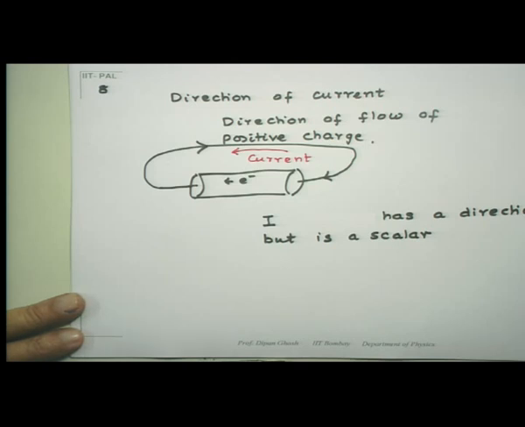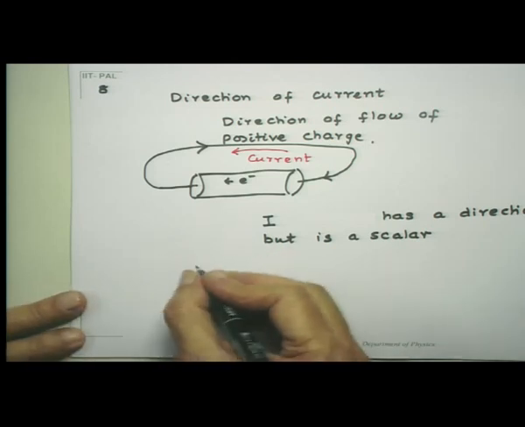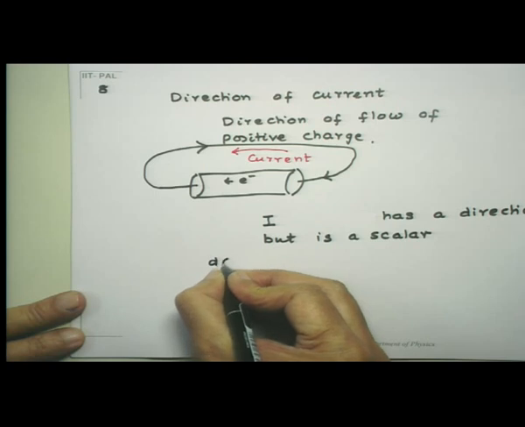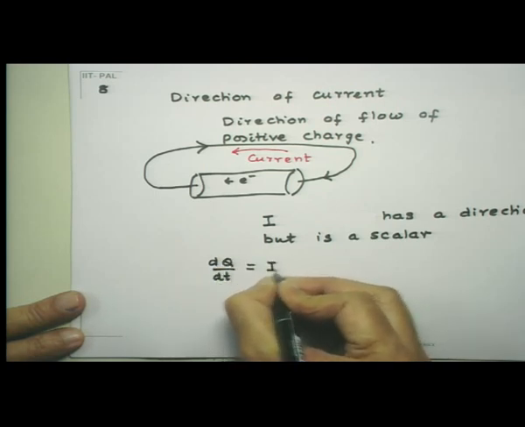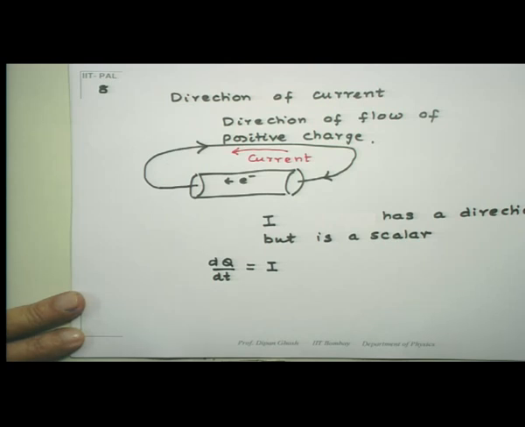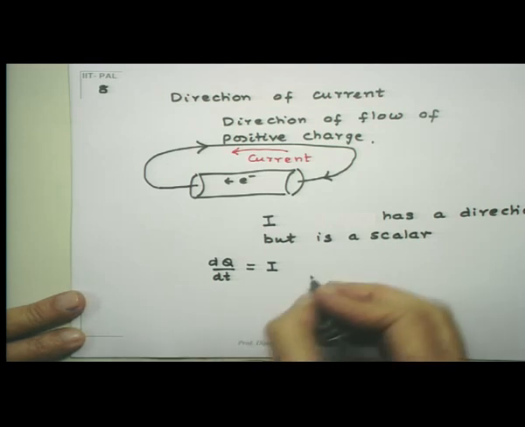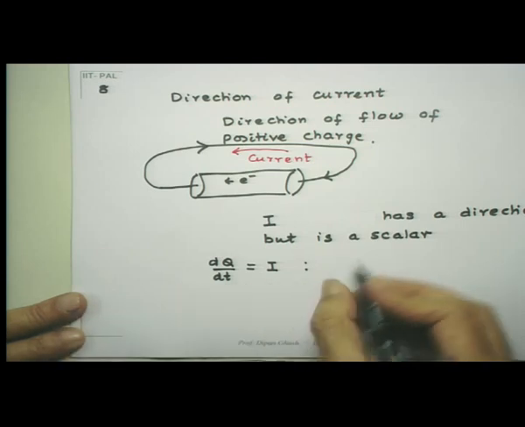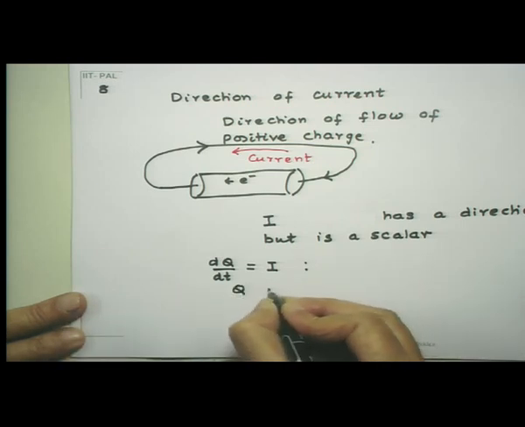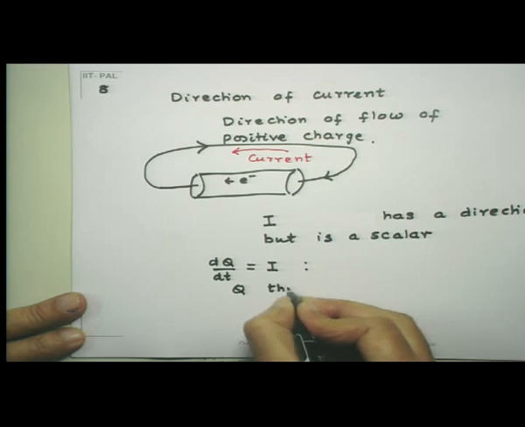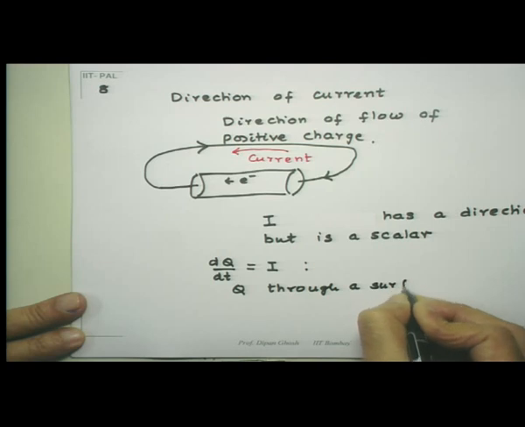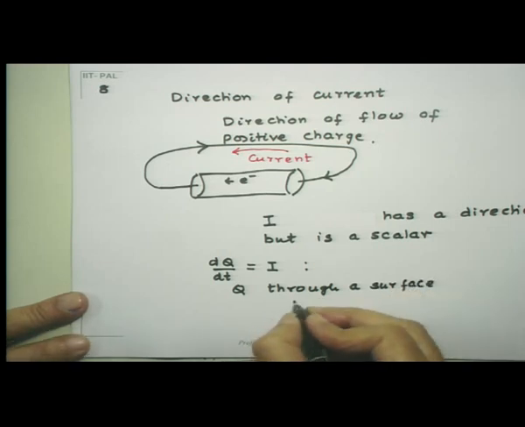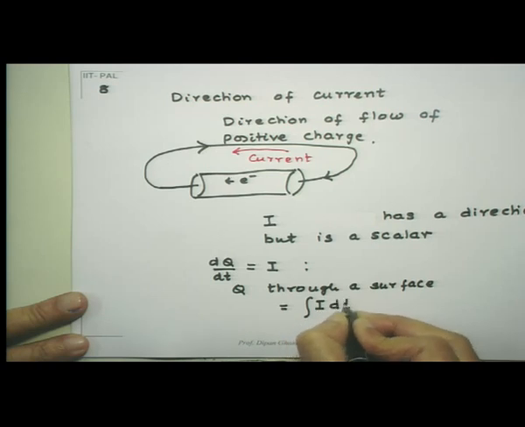So let us go back to our original definition. We said dq by dt is my current. So if I take any arbitrary surface, the amount of charge that is flowing through any arbitrary surface is related to current by this relationship, integral I dt.